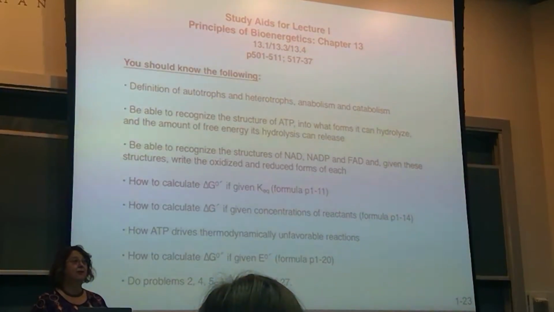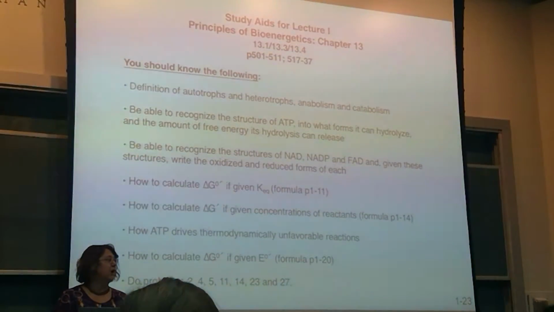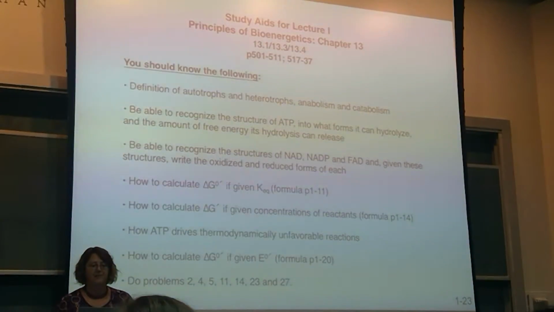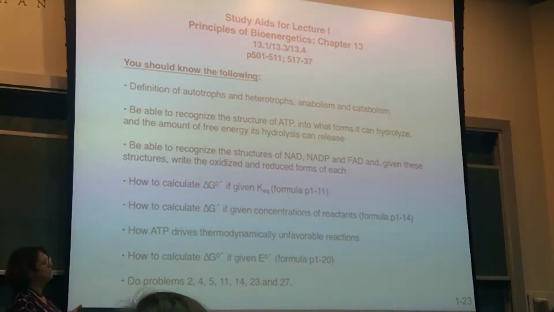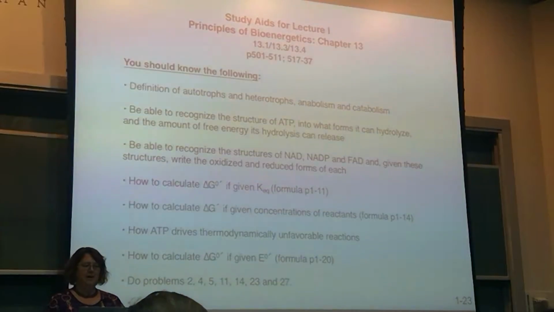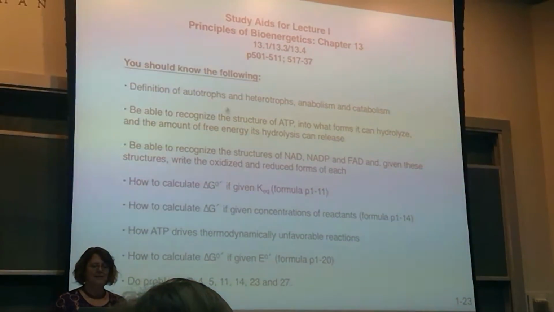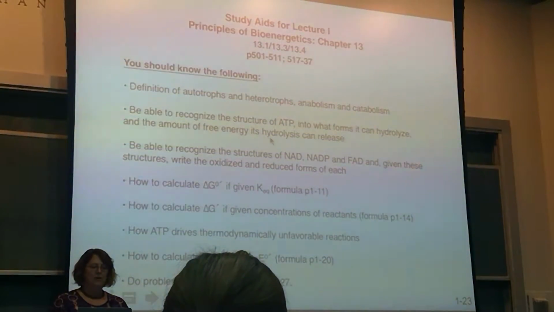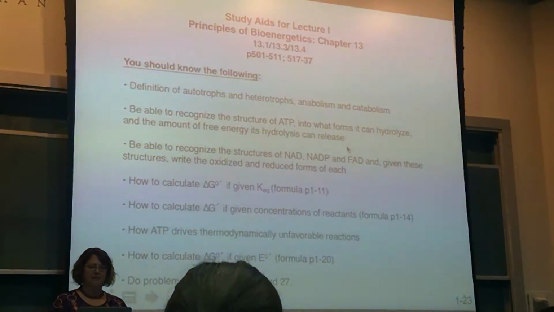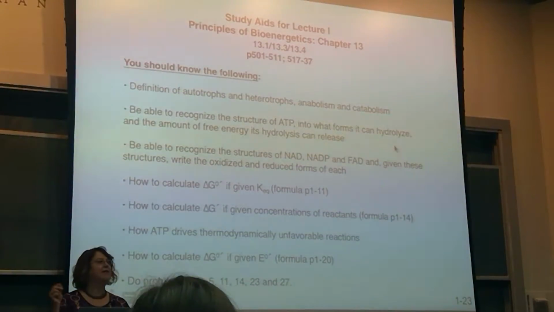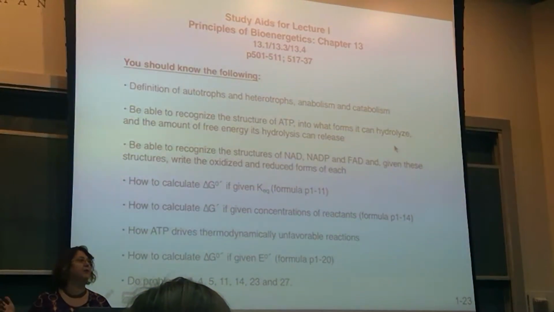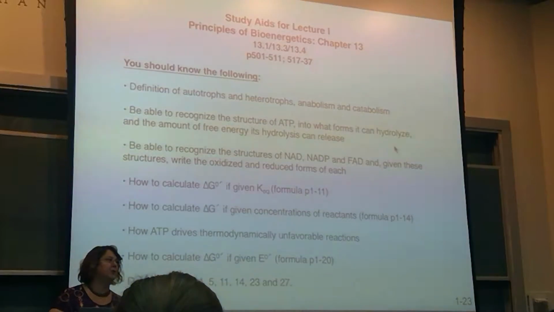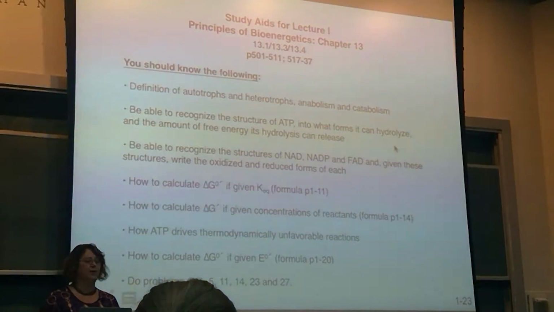For each lecture, or combination of a couple lectures per topic, I'll have study aids. This is what you want to know. You want to know these definitions: autotrophs, heterotrophs, anabolism, and catabolism. You want to recognize the structure of ATP, and then basically the phosphoryl transfers: one phosphate group, the pyrophosphate removal.